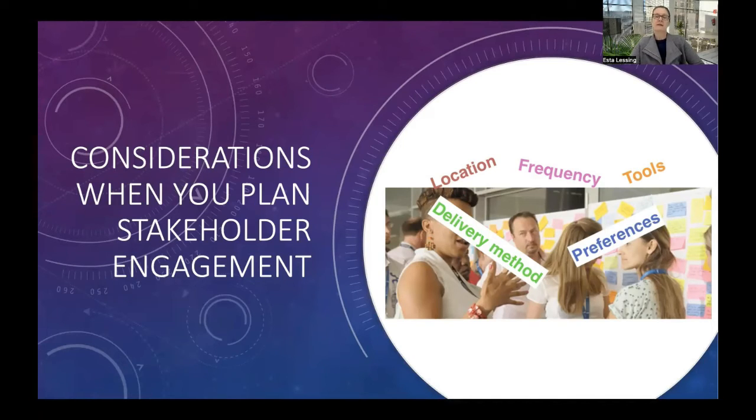And you've also got a RACI matrix where you've worked out exactly at what level you need to work with each of these individuals and what their roles and responsibilities would be in terms of the project or specifically the business analysis activities. But now you also need to think, okay, where are these people based? How often should I communicate with them? What tools would be the most appropriate ways to communicate with different groups?